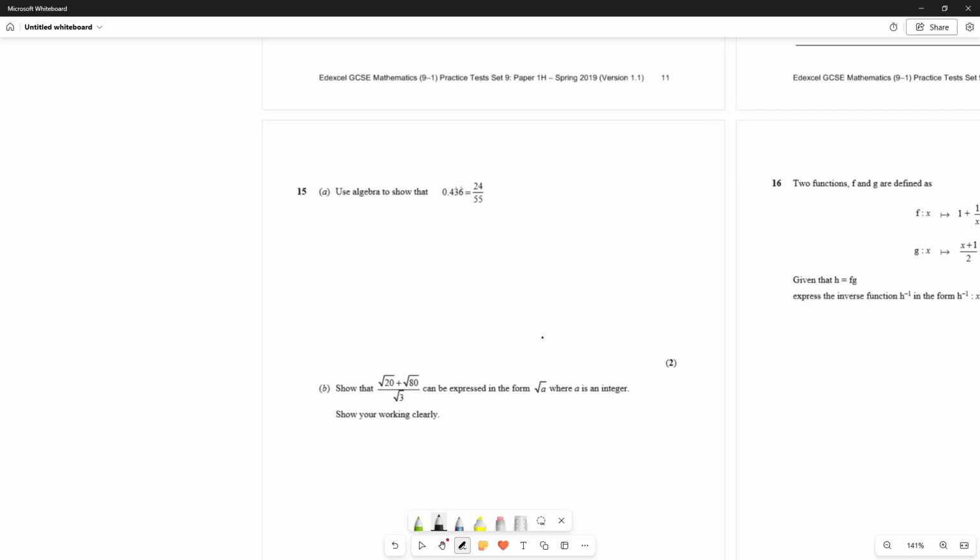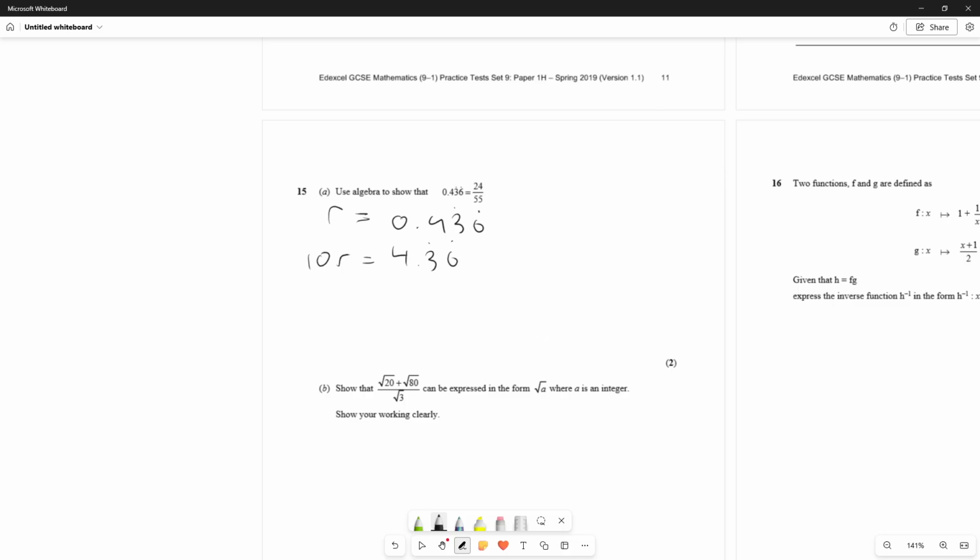Question 15. Use algebra to show that the recurring decimal is equal to 24 over 55. So the way you're going to do this is I'll let r equal 0.436 recurring. Okay. 10r is equal to 4.36 recurring.